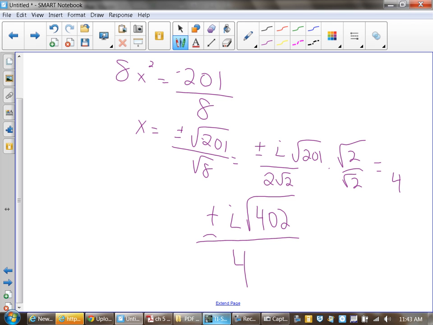Okay? And once again, could I have multiplied top and bottom by the square root of 8? Yes. But you have to remember, when you're multiplying by an 8, there's a perfect square hiding in it. That's why I simplified the square root of 8 first. It's just a little bit easier to see.